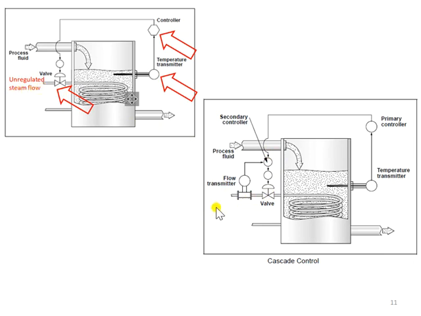All we need to include is the flow transmitter and also the secondary controller. The main objective of the secondary controller is to regulate the flow rate by adjusting the valve opening, and the set value for the secondary controller is given by the primary controller.